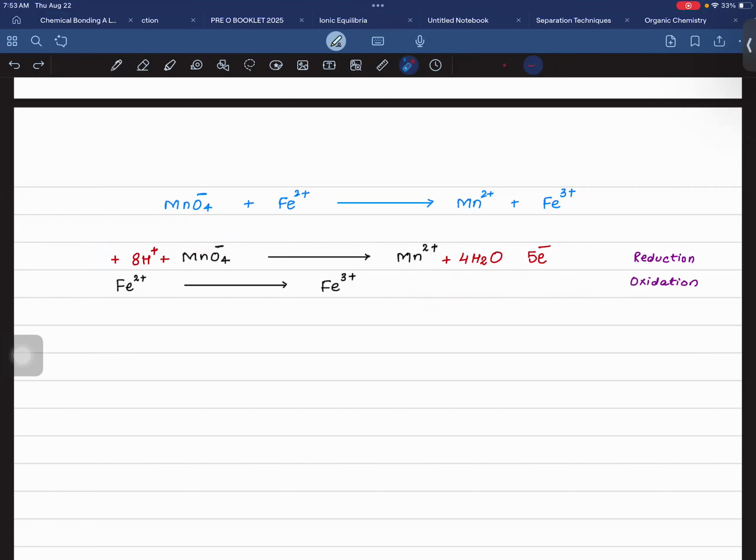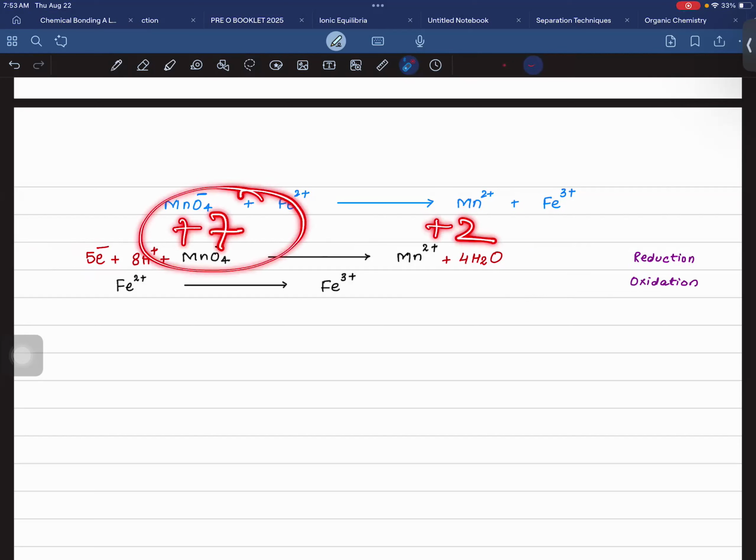So I always suggest, just look at your equation and consider the charge, and then add electrons to the side in which you have the larger number. This was plus 2 and this was plus 7.